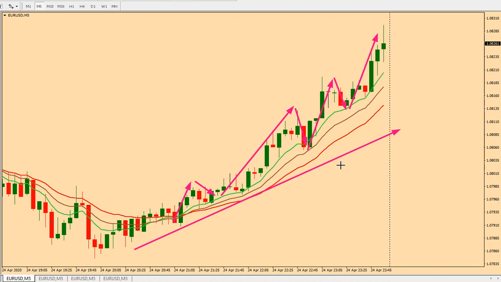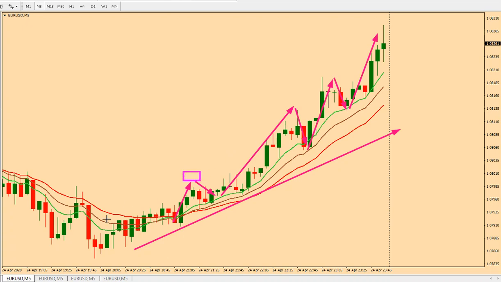I mentioned when we were having a discussion today on our Telegram group that when a trend is strong, you don't see serious pullbacks. These are very minor retracements because a trend is strong. But when a trend is not very strong, you will see significant pullbacks. So this is what I was talking about.